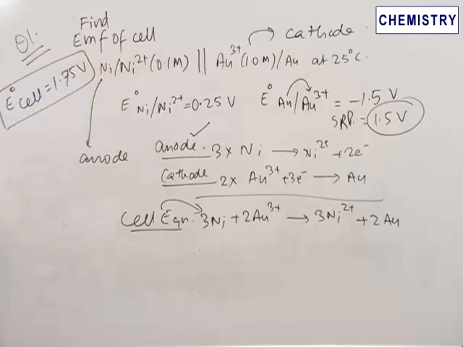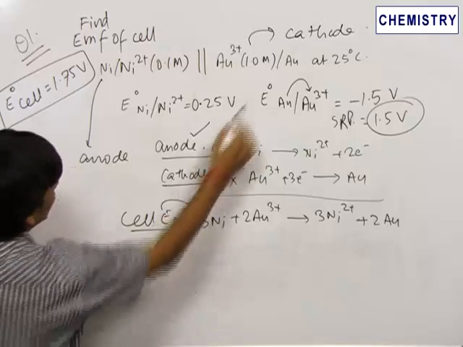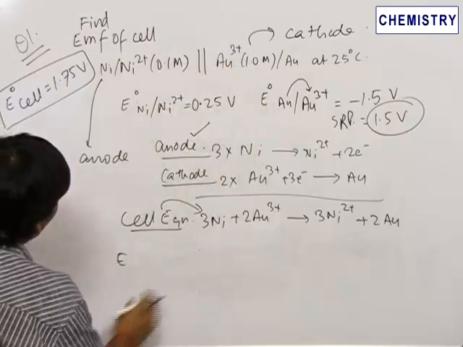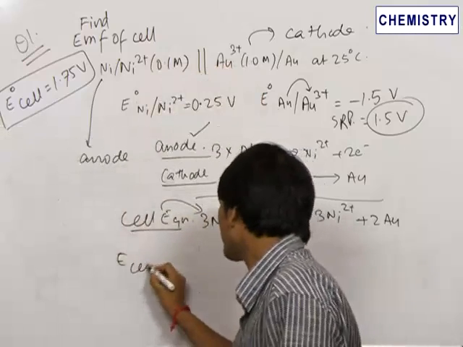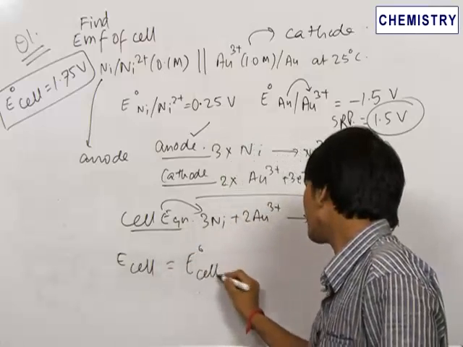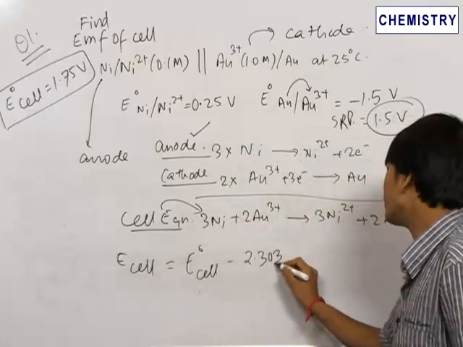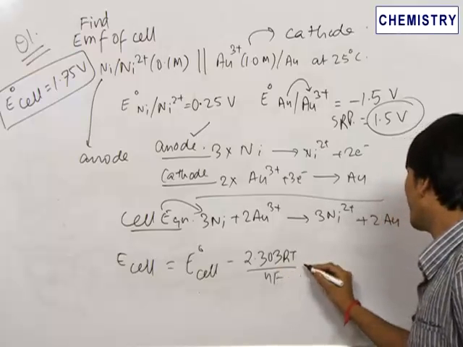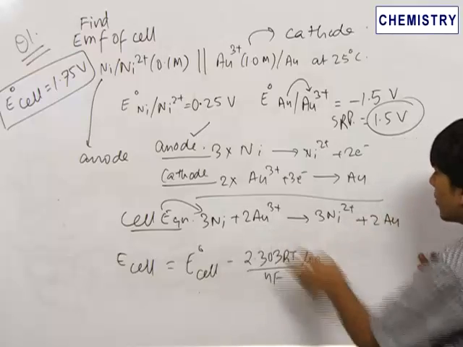Now we need to find out the EMF of the cell at this particular temperature with the given concentrations of gold 3+ ion and nickel 2+ ion, and we have the cell equation. So with all this information we can write the Nernst equation. E cell is equal to E0 cell minus, the formula is 2.303 RT upon NF into log of base 10 the concentration of the products upon reactants.